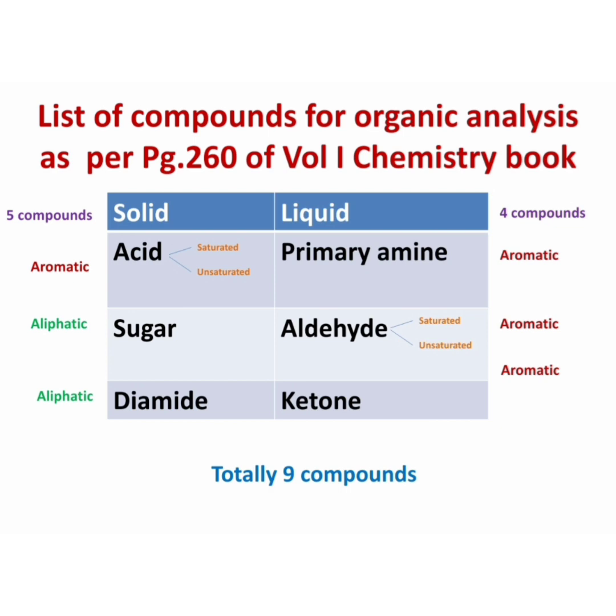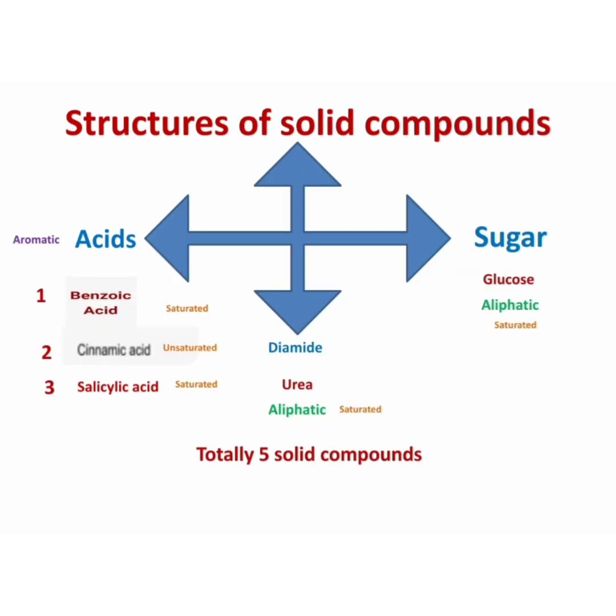Now the next term is functional groups. Already we have seen what a functional group is. Now what are the different types of functional groups that you will be coming across? As I said earlier, one is acid. The acids which may be given to you are benzoic acid, salicylic acid, and cinnamic acid.